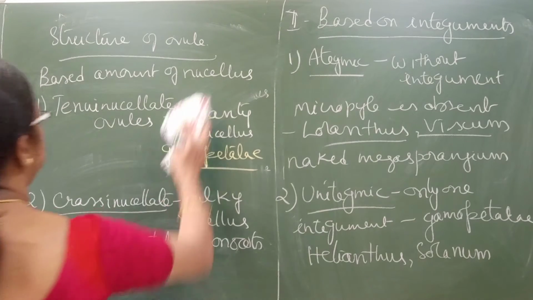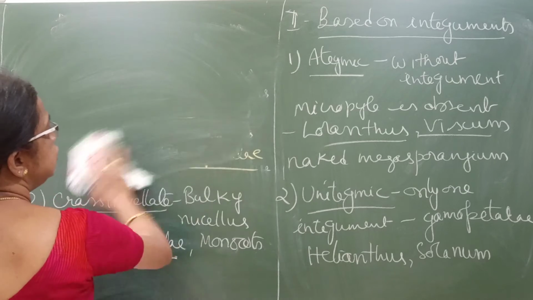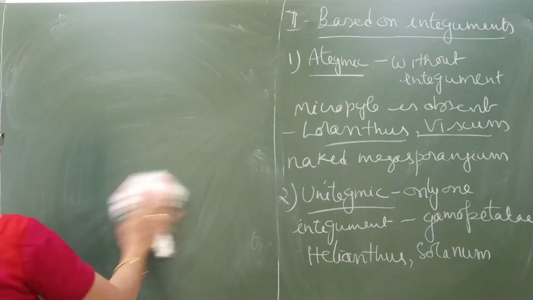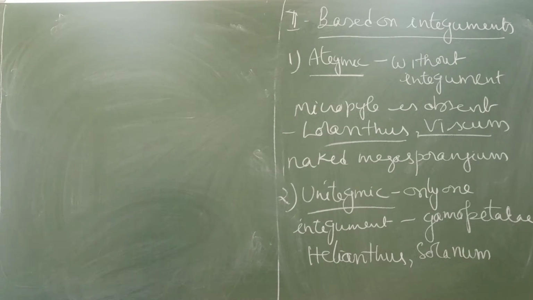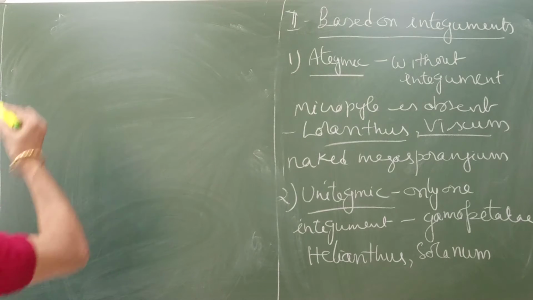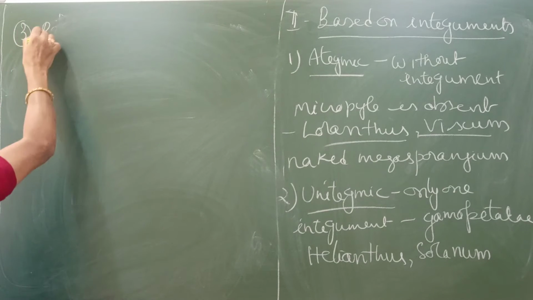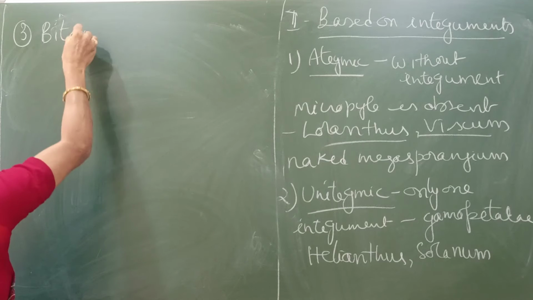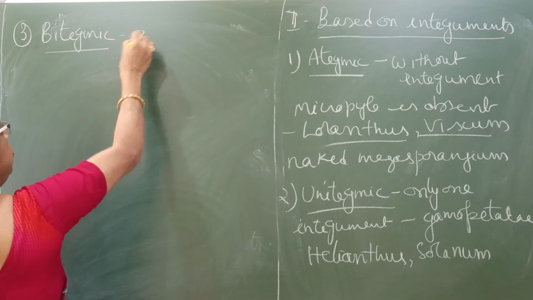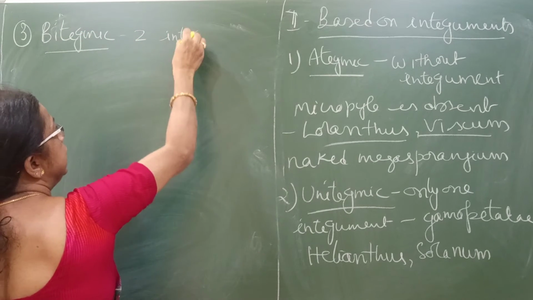Now the third type of ovule is called bitegmic ovule. Bitegmic ovule means an ovule with two integuments.